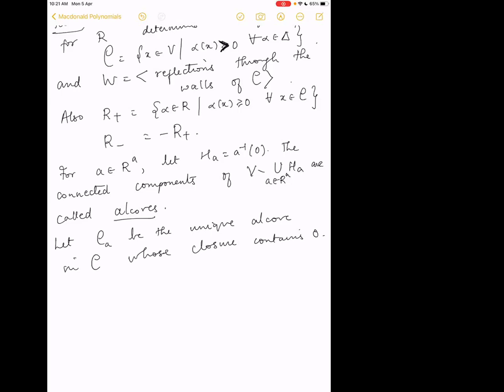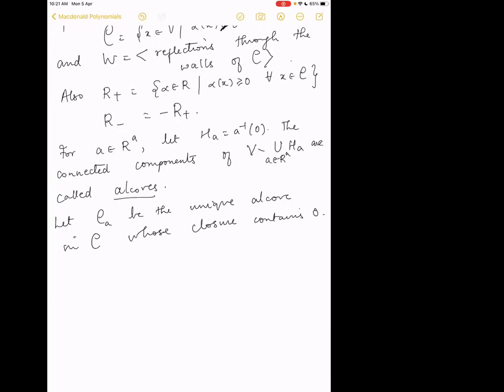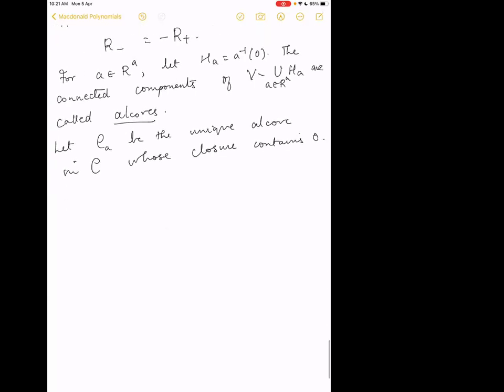So the Weyl chamber itself will get divided up into several alcoves. Each Weyl chamber will get divided into several alcoves, and there is a unique alcove that will contain the origin, which we sort of fixed when we did this identification of the affine space and the vector space. So we look at the unique alcove whose closure contains 0.